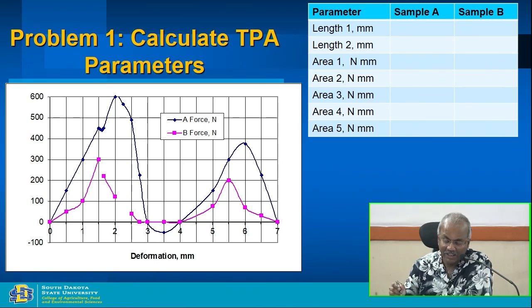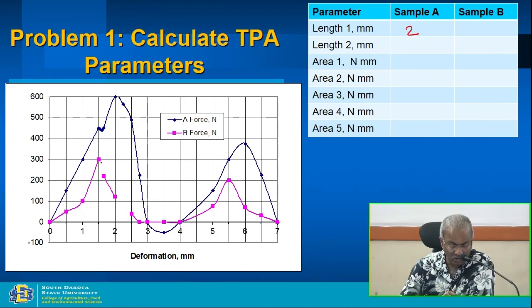So length 1 in millimeter, for sample A, basically this is the point for the first sample A, it is 2 millimeter, and then for sample B, 1.5. 1 is here, 2 is here, 1.5.